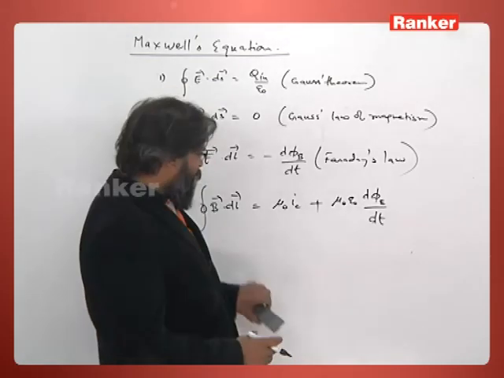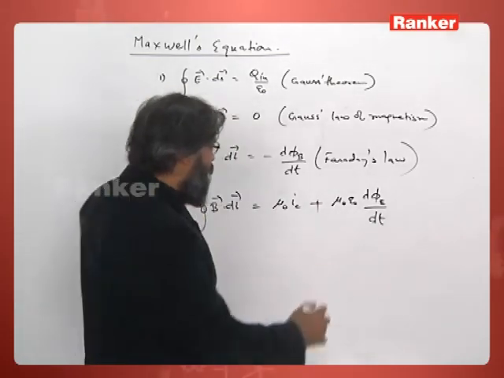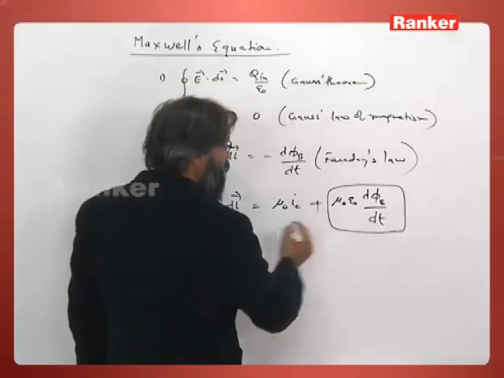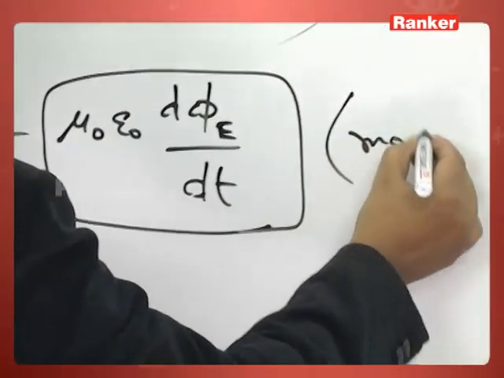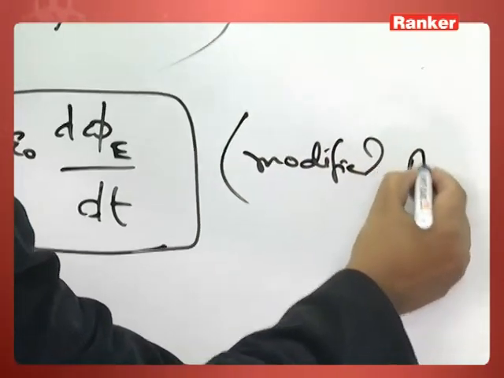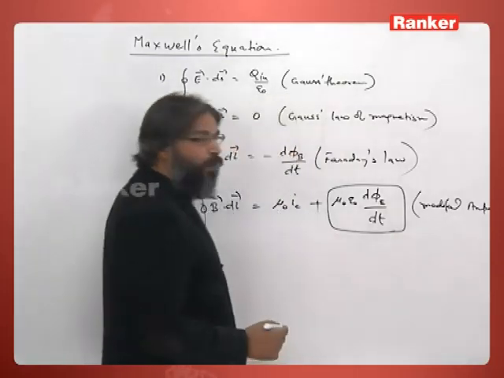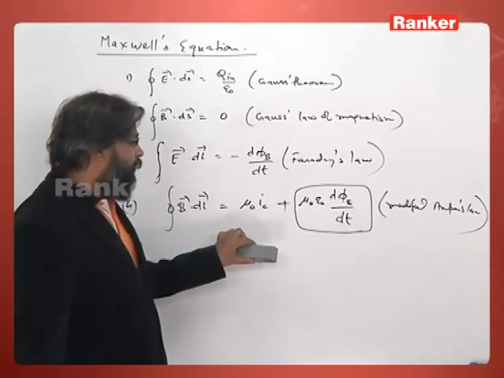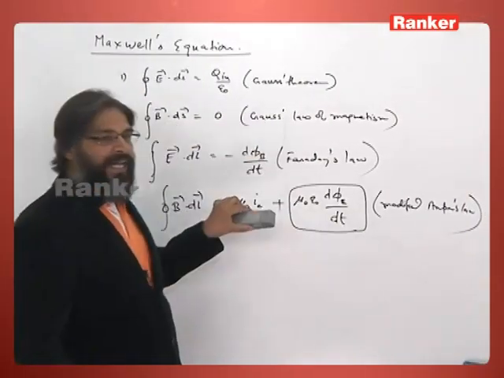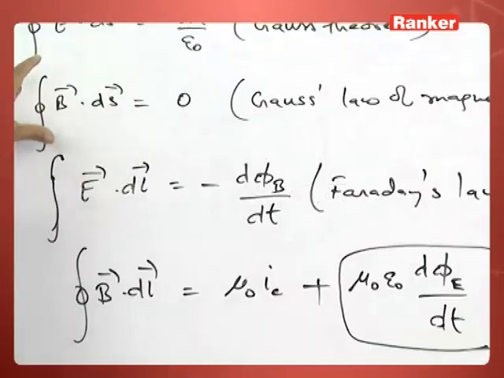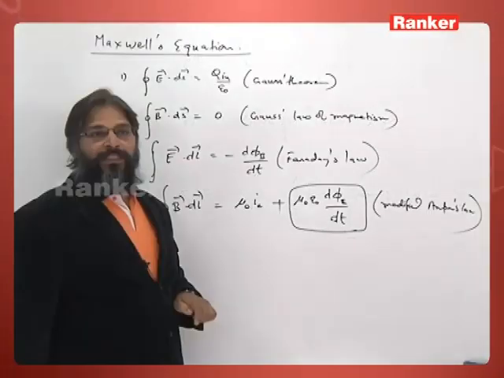Now you see this term, this is the modified Ampere's law. With this modification, Maxwell was able to unify electricity and magnetism.